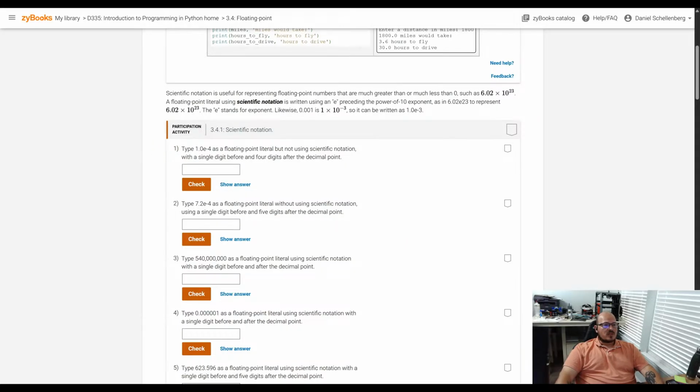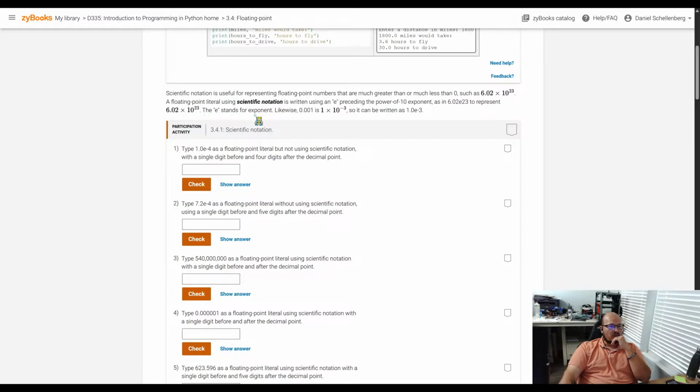Scientific notation is useful for representing floating point numbers that are much greater than or much less than 0, such as 6.0 times 10 to the power 23. I think that's how you say that. A floating point literal using scientific notation is written using the e preceding the power of 10 exponent, as in 6.02e23, to represent 6.02 times 10 to the power 23.